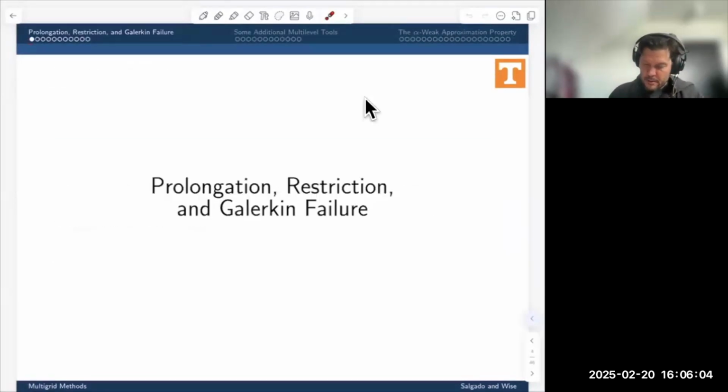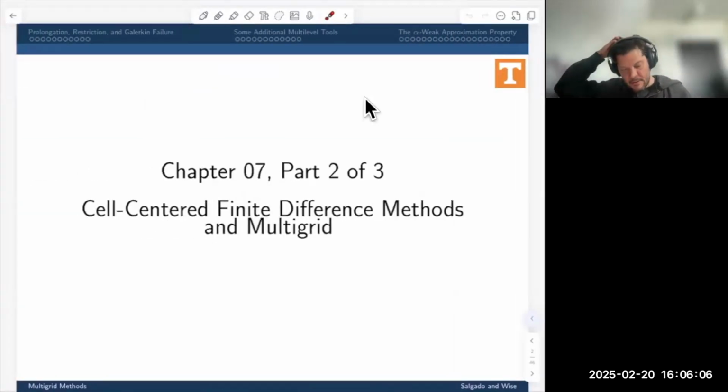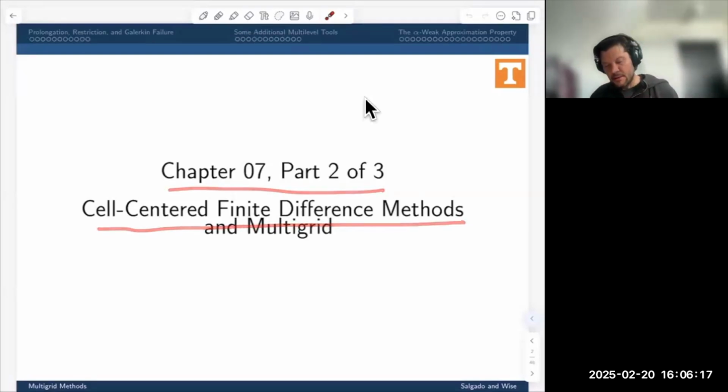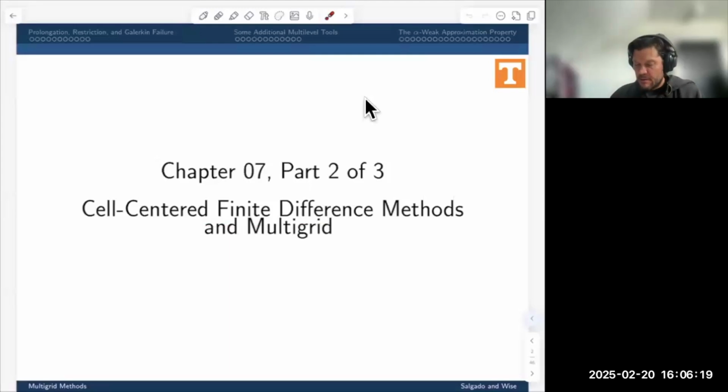Today we are in part two of the second of three slide decks for chapter 7. We're talking about the cell-centered finite difference methods and the multigrid solver algorithms designed for those specific types of discretizations.